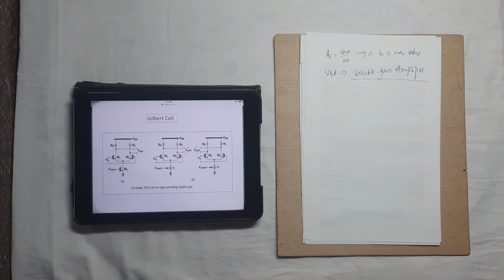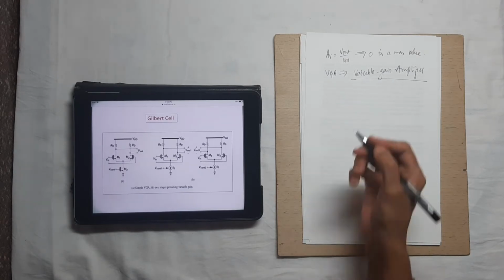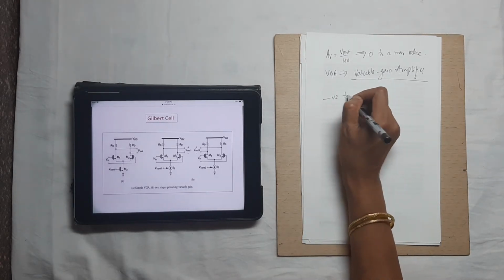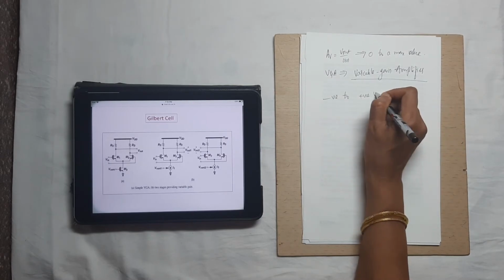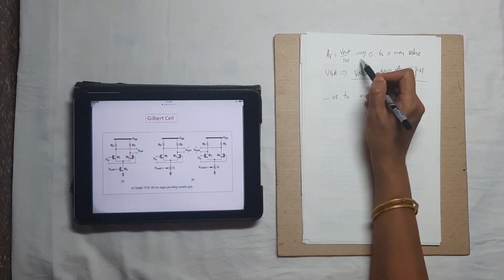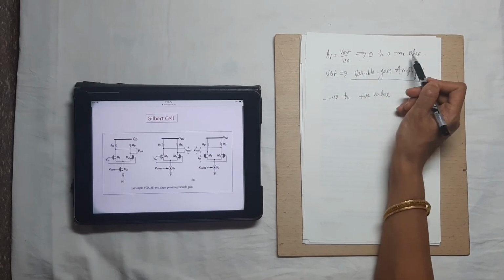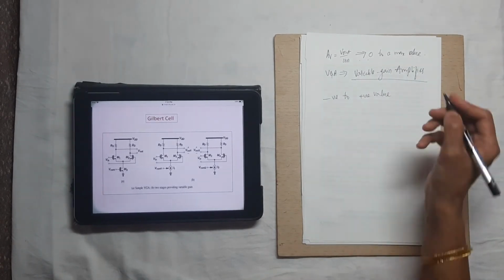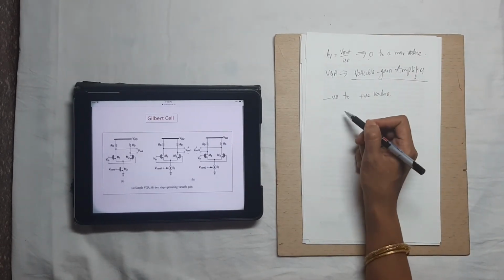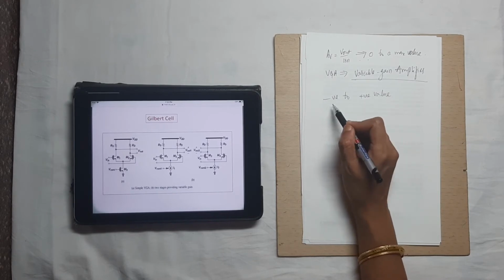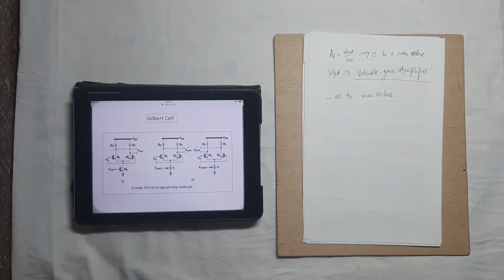Now suppose we want an amplifier whose gain can be continuously varied from a negative value to a positive value. This circuit goes from 0 to a maximum value, but we want a circuit whose gain can be varied from a negative value to a positive value.